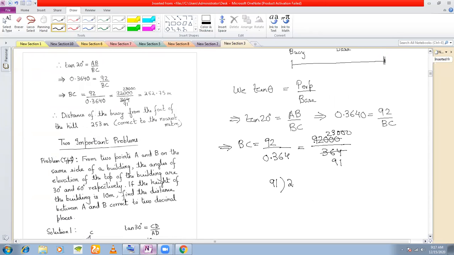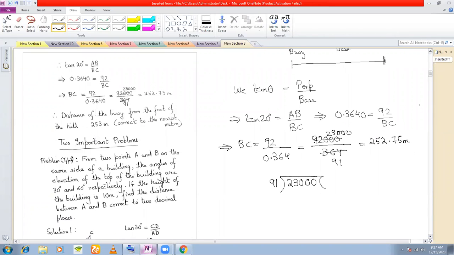Long division method, class 2 knowledge, right? So you simply divide this, and you'll get 252.75 meters. This is what you will get.